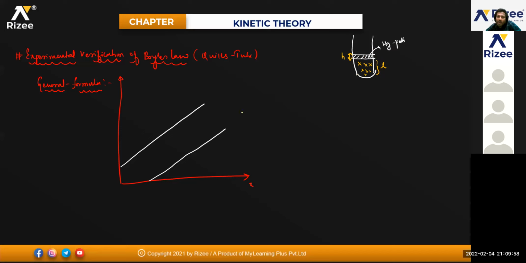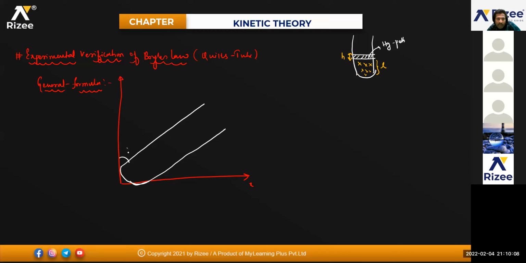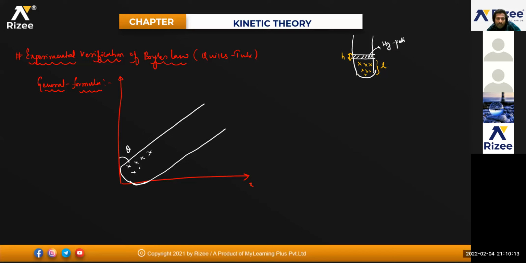Now this quill tube I am taking in an inclined position like this, which means with the vertical it makes an angle theta.